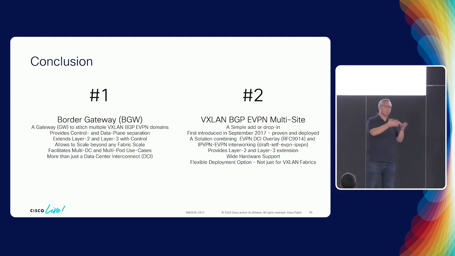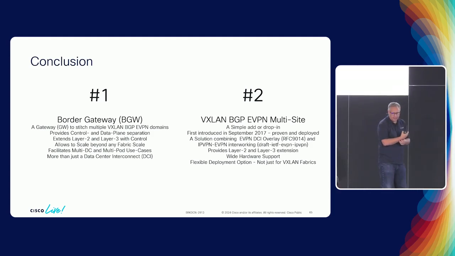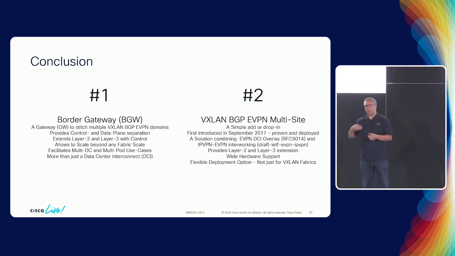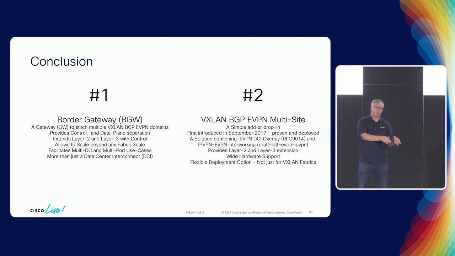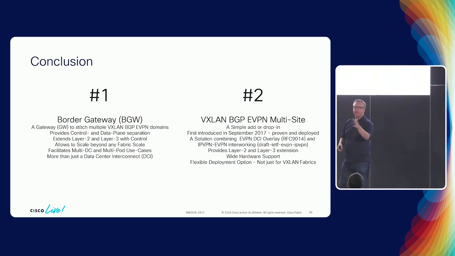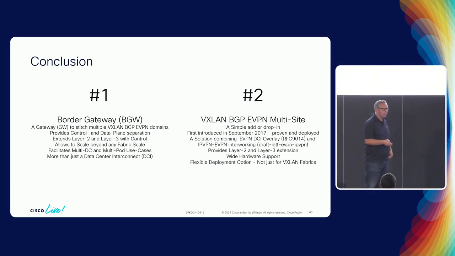So that's where multi-site complements 9014 and adds the procedure which is in the EVPN IPVPN interwork draft. You guys followed? That was very complicated. No. So basically, EVPN to IPVPN is the same procedure. That's the bottom line. So we tried to document this as part of the multi-site.